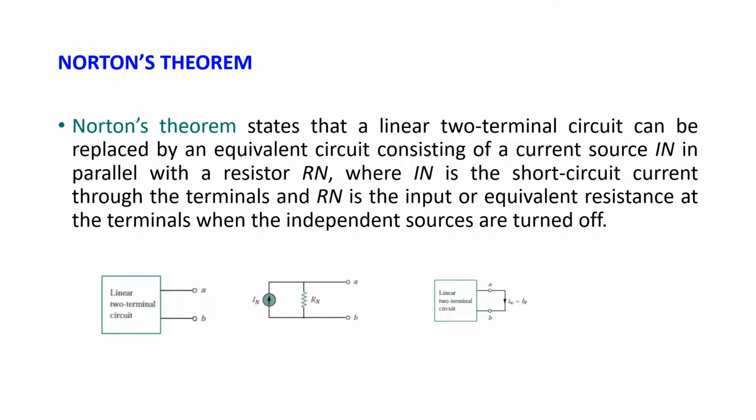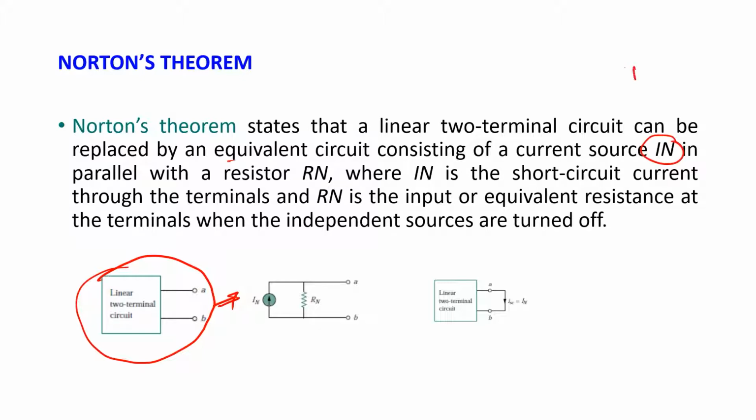So what the statement says is that a linear two-terminal network or circuit can be replaced. This is a linear two-terminal network. So we are going to replace this complex circuit by an equivalent circuit consisting of a current source IN.